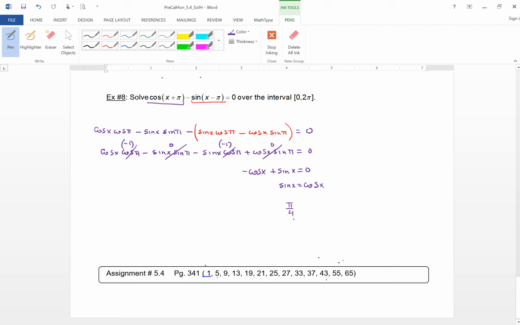So x equals pi over 4 plus 2 pi n, and 5 pi over 4. All right? Pi over 4 and 5 pi over 4, because only in those two quadrants are sine and cosine the same, including the plus or minus. In the other two quadrants, one is positive, one is negative.